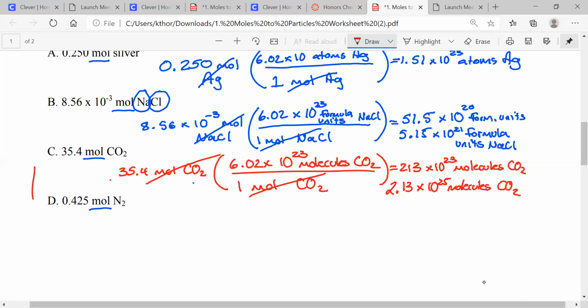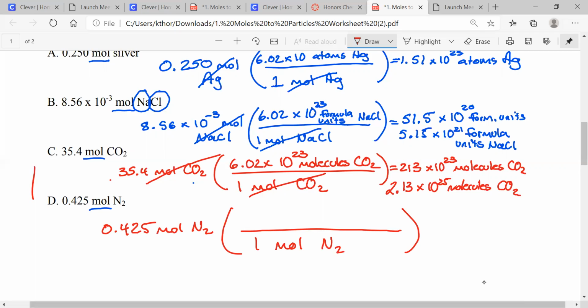So for this problem, 0.425 moles of nitrogen, we're trying to convert to molecules of nitrogen. So 1 mole of N2 is going to be under 6.02 times 10 to the 23rd molecules of N2. Moles cancels out.